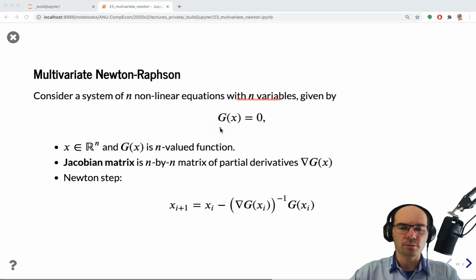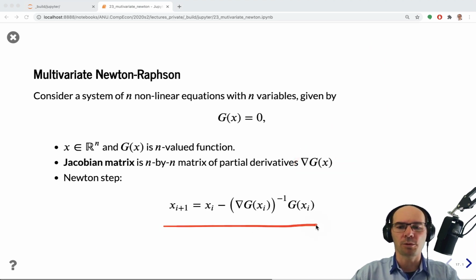So g of x is going to be an n-valued function. We take the derivatives of all of these element functions with respect to all of the variables, and we get an n by n matrix, which is called a Jacobian matrix. I denote it with this nabla symbol, like a gradient, but remember that this is a matrix, actually.